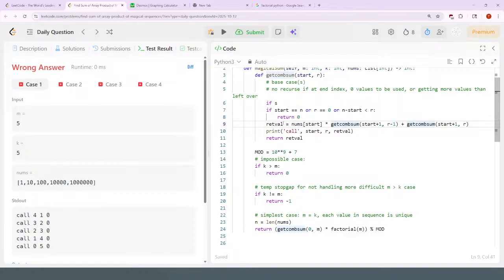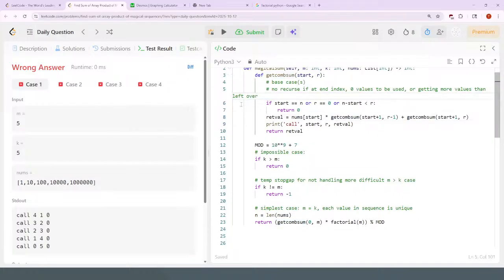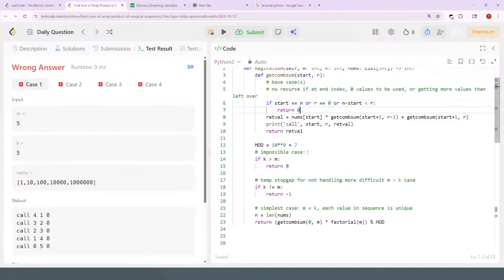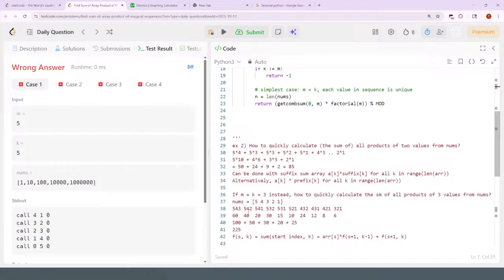So is the base case actually 1? Is the base case 1? I don't know. Maybe it is 1. Get combination sum. Oh my god. This cannot possibly. 5 times 4.